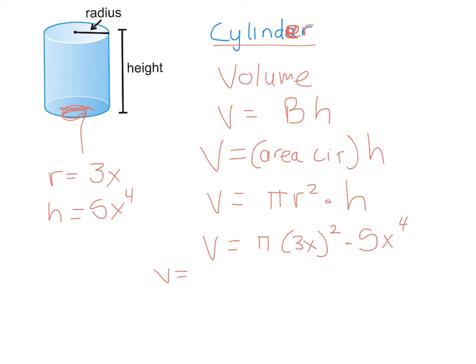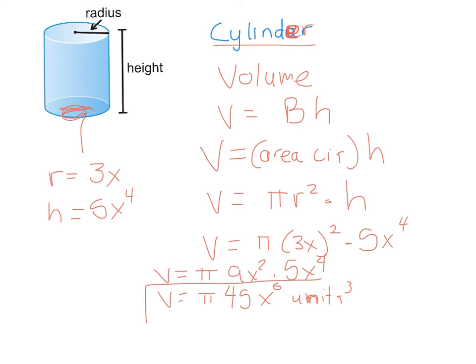So that would be pi times 9x squared times 5x to the fourth, which would be pi times 45, and now our bases are the same, so we add the exponents. So that's x to the 6th power, and it would be units to the 3rd power. And that whole thing would be the answer. Pi 45 x to the 6 units cubed.